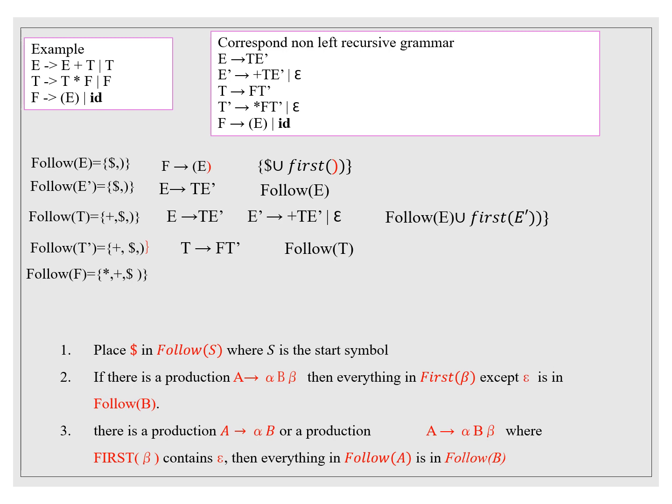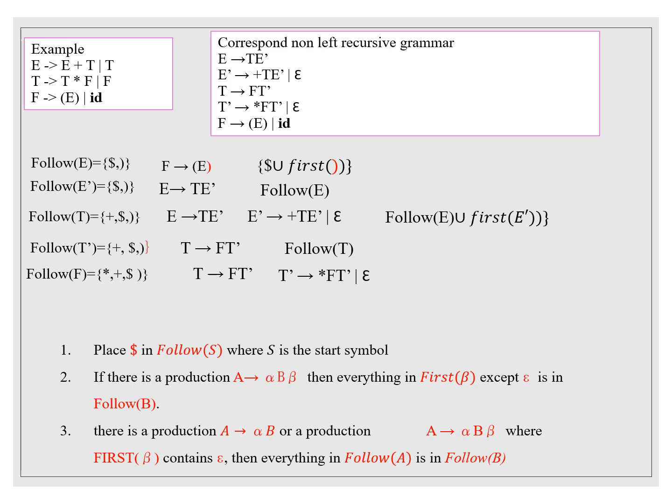Next, what is follow of F? Write the production rules which contain F in the right hand side. So how many rules do we have? There are two rules. One is T derives F T dash. Now what is follow of F? First of T dash. What about the other rule? T dash derives star F T dash or epsilon. Therefore, what is F here?